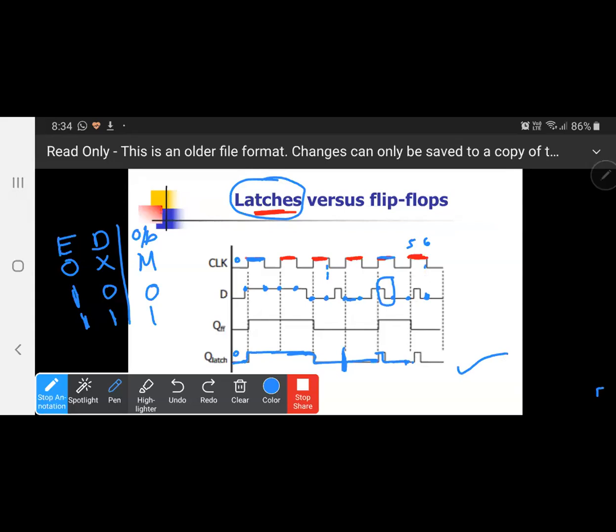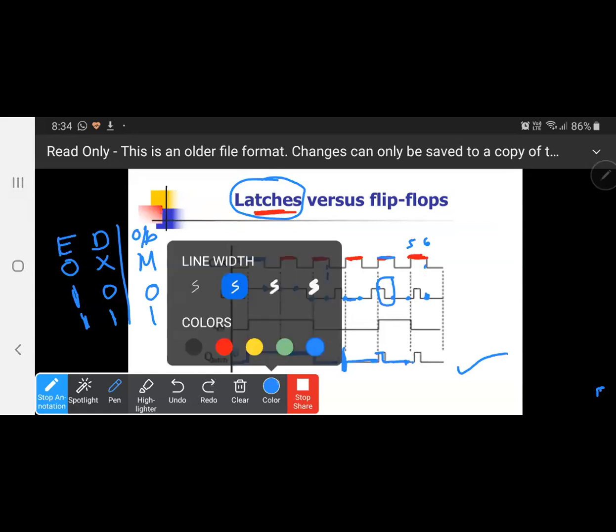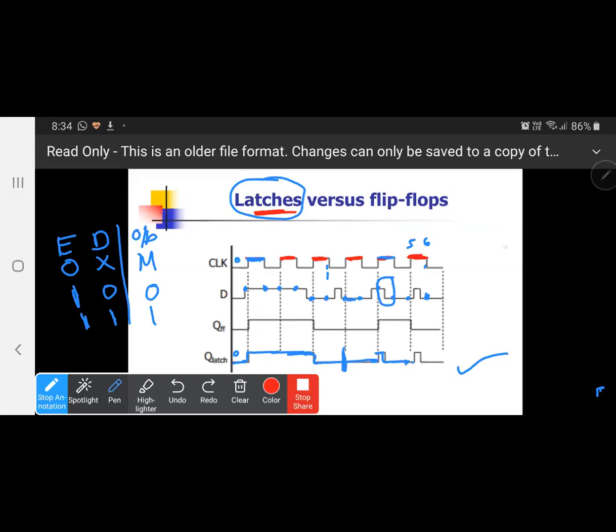Miss, could you repeat the difference between the latch and the flip-flop? What do I need to explain? I didn't understand why we draw the latch differently from the flip-flop.